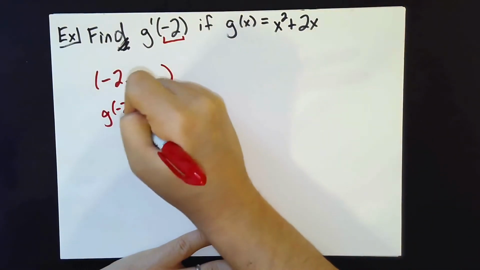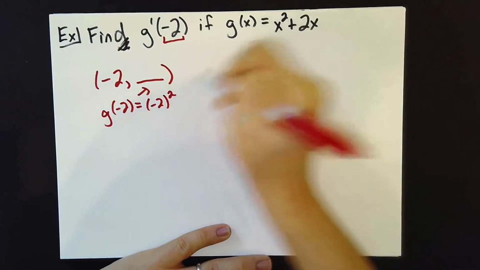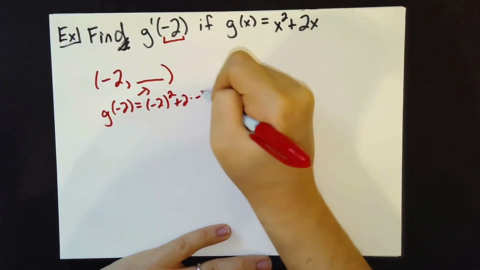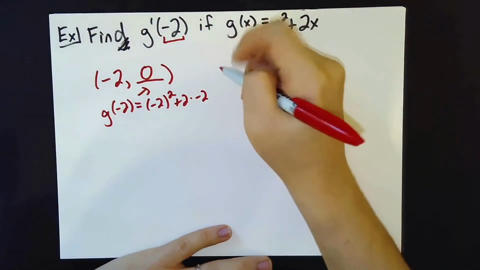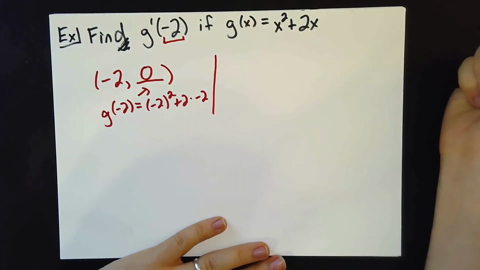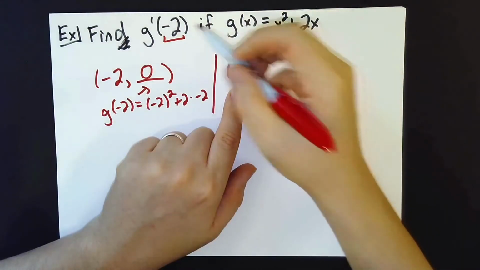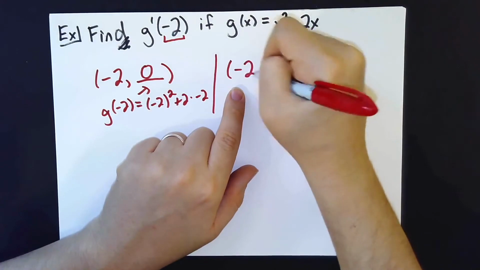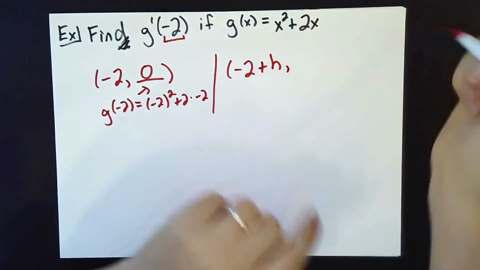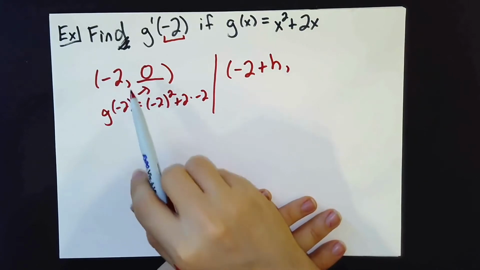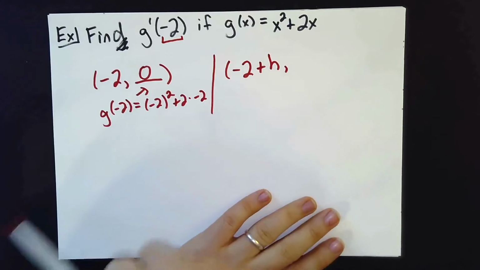It's g of minus 2, which as it happens is minus 2 squared plus 2 times minus 2, which happens to be 0. So that's one of my points. And my other point I want to have as its x-coordinate this input minus 2, but with a plus h. Which is to say I'm imagining I'm looking at a point where the input is just slightly bigger than that input.